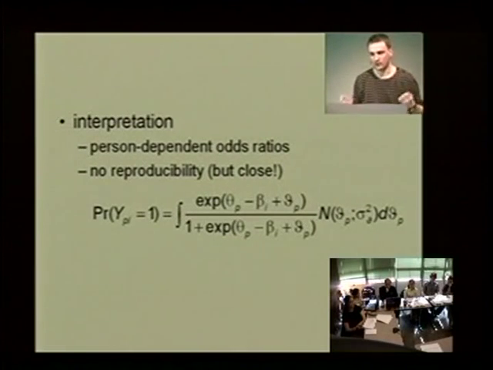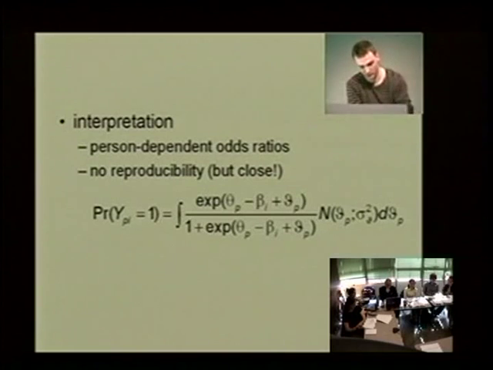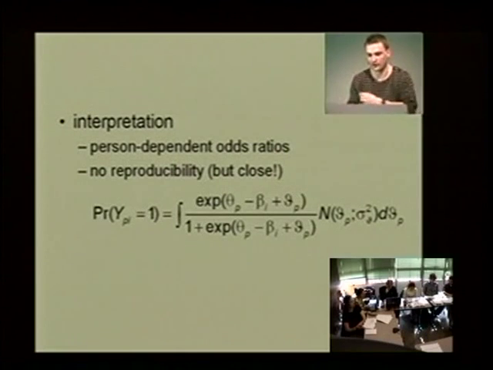So the marginal probability of giving a correct response to item i, and by marginal probability I mean the probability that is conditioned on the single latent trait, the theta p you're interested in, the one you want to measure.